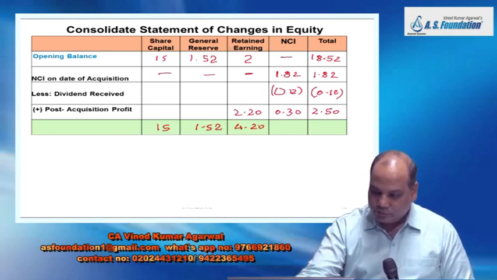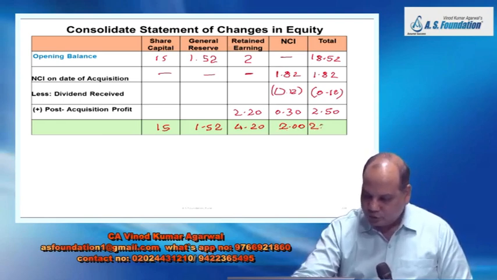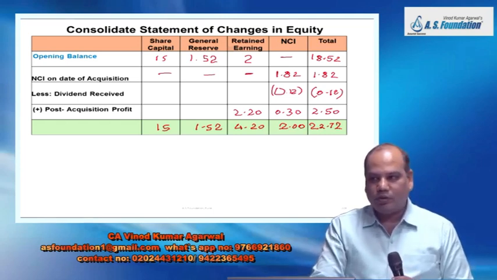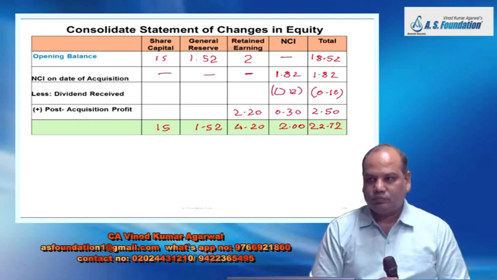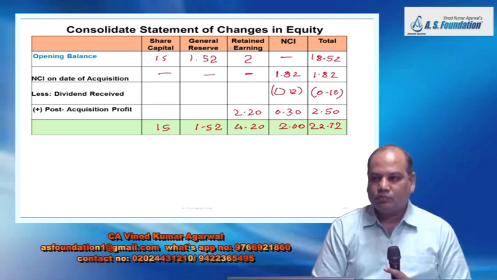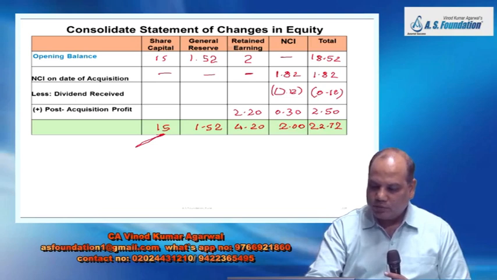4.2, NCI 2, last column 22.72. Okay. This figure we have written already.